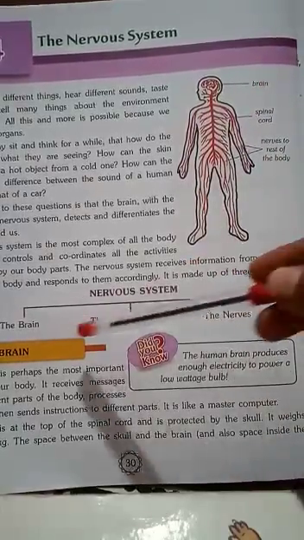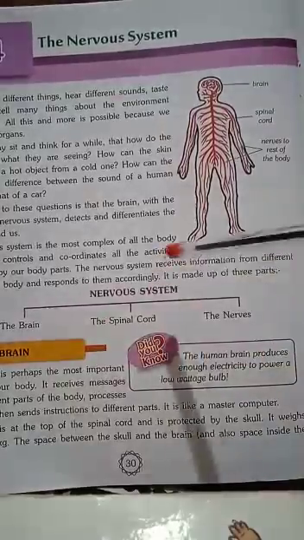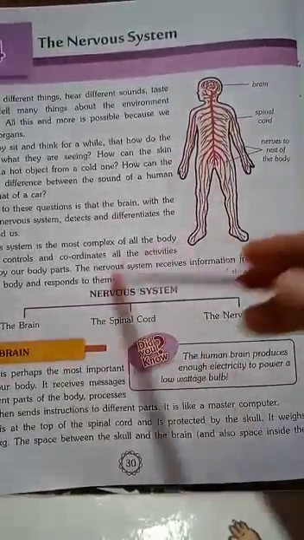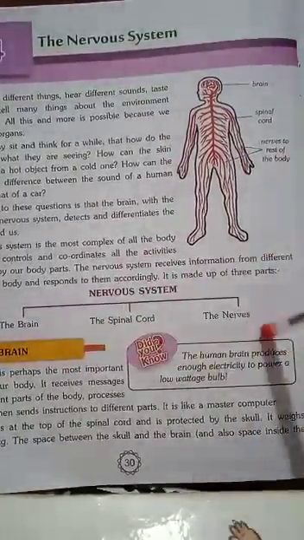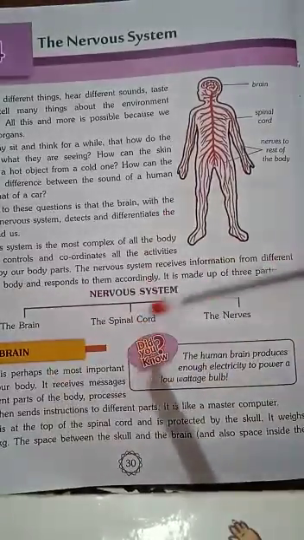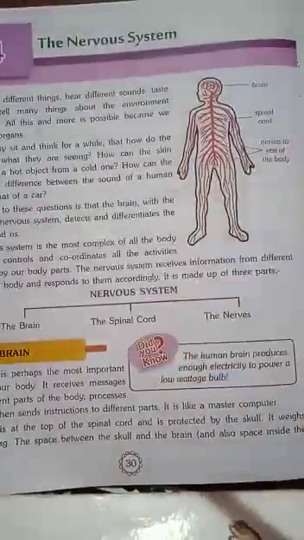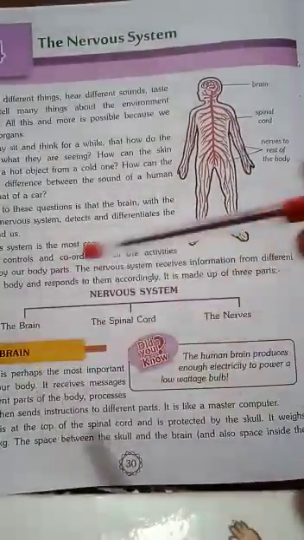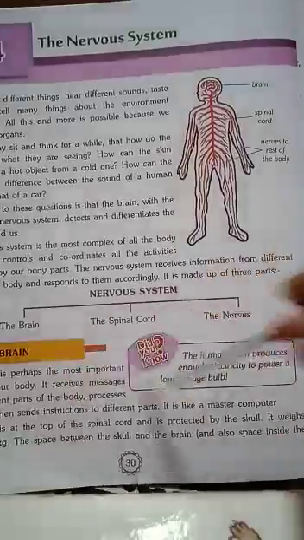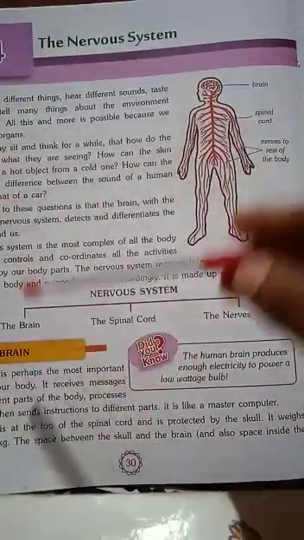The nervous system is divided into three parts: the brain, the spinal cord, and the nerves. Let us discuss them one by one.